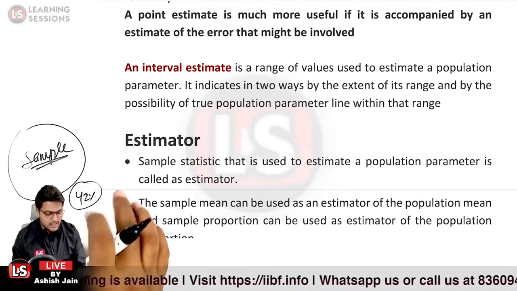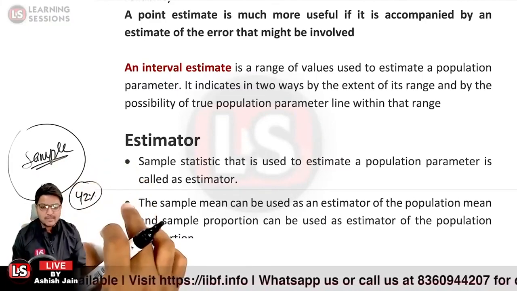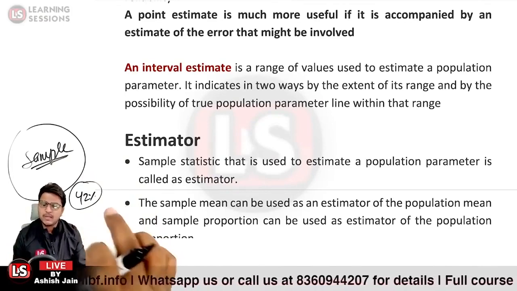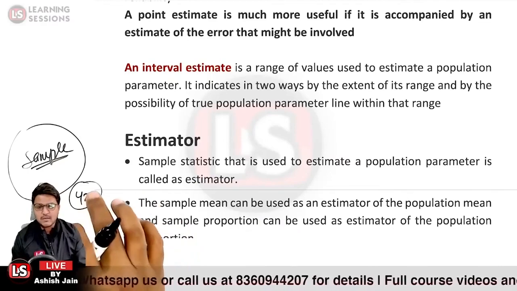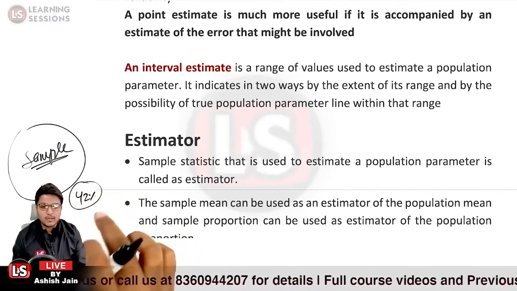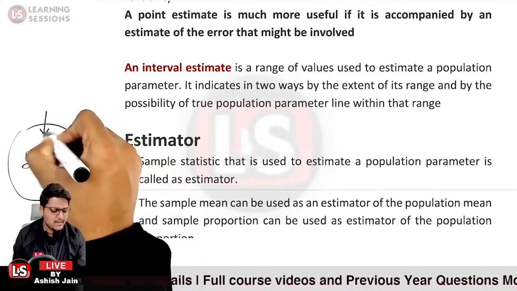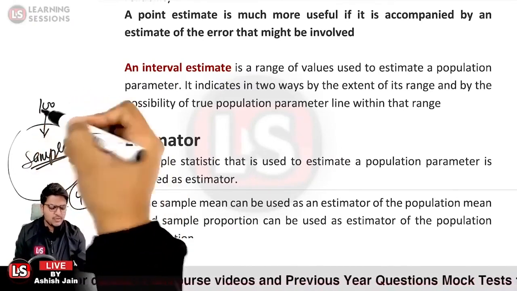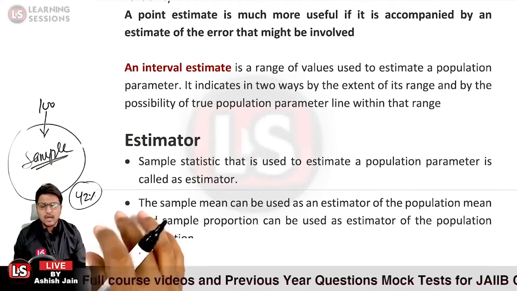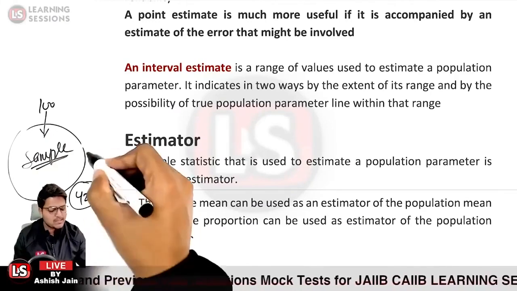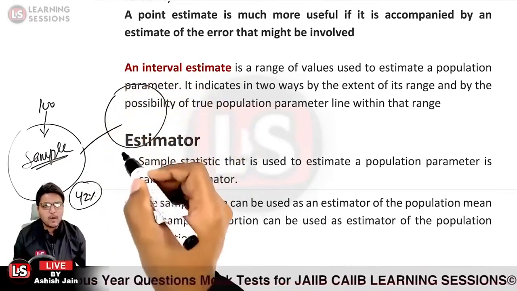Let us take the case that the entities in the sample are 100. So in that particular case, we'll be saying a particular proportion is over there. And further, from this particular proportion, I want to estimate the population proportion.